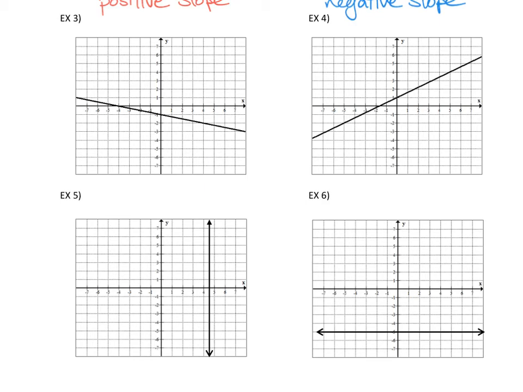Example 3, you can pick any 2 points you like. Again, it doesn't matter. So I'm going to pick this one and this one. And again, I'm picking these points because they have nice whole number coordinates. So again, I like to start at the left. So I get to go down 1. That's a -1 for the rise.